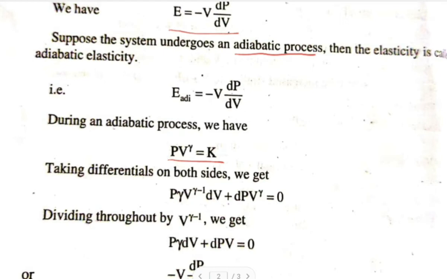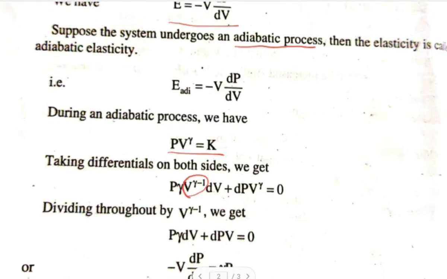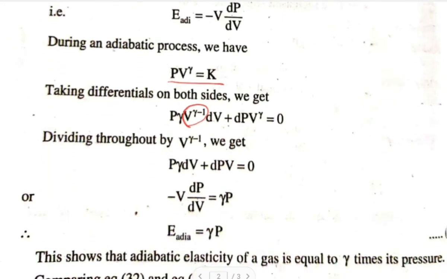We can divide throughout by V raised to gamma minus 1. Then we get gamma P dV plus V dP equal to 0. Rearranging, we get minus V dP by dV equal to gamma P. So the expression for adiabatic elasticity is gamma P.